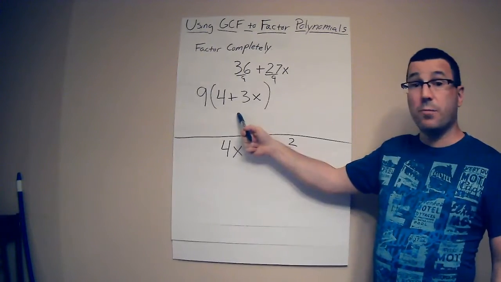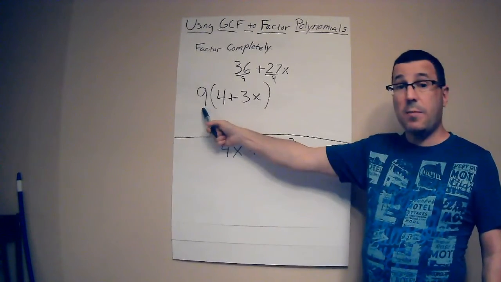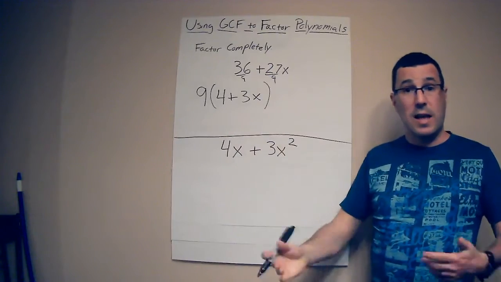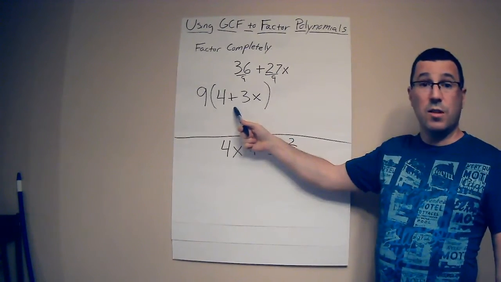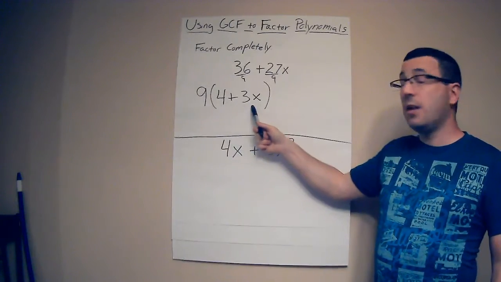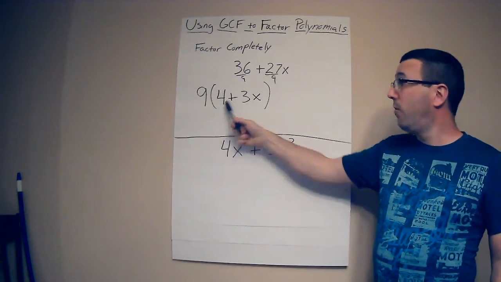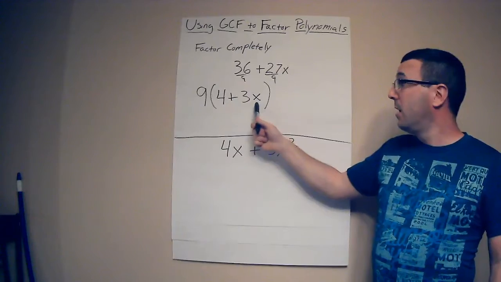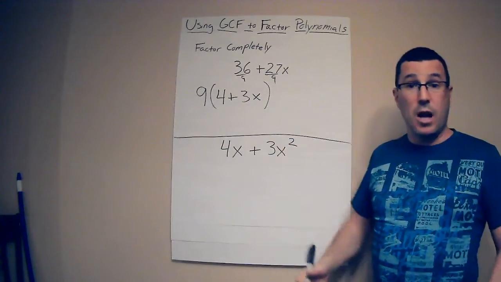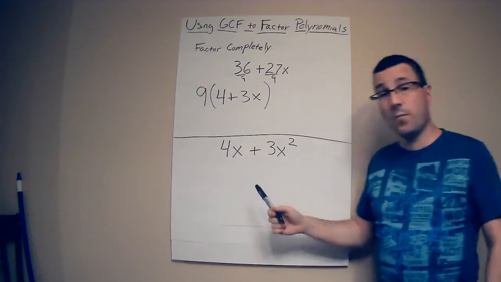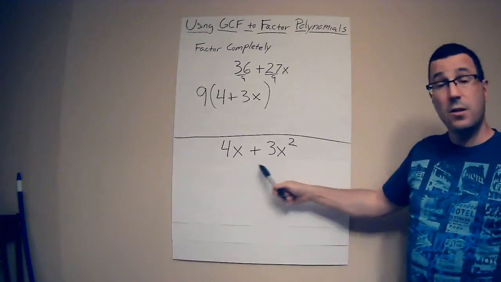This is factored completely because 9 is by itself on the outside. There's nothing adding or subtracting on the outside. And the only things we have here are 4 and 3x. 4 and 3 have nothing in common, and there's only the x here, so it has no other variable in common there.